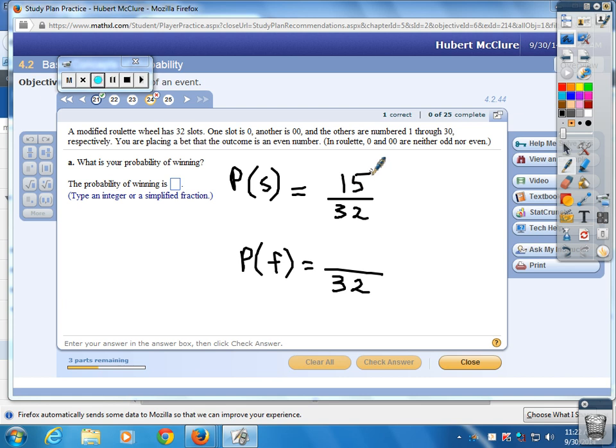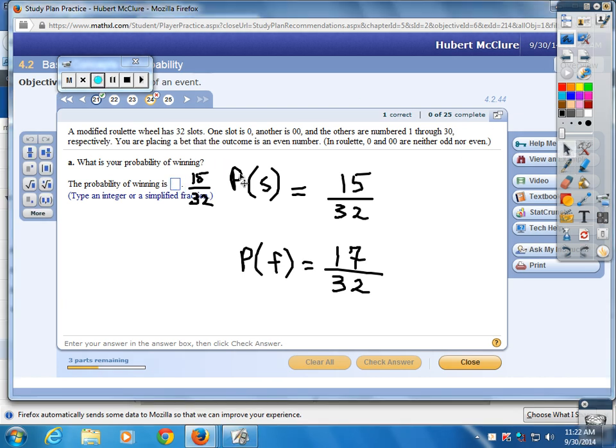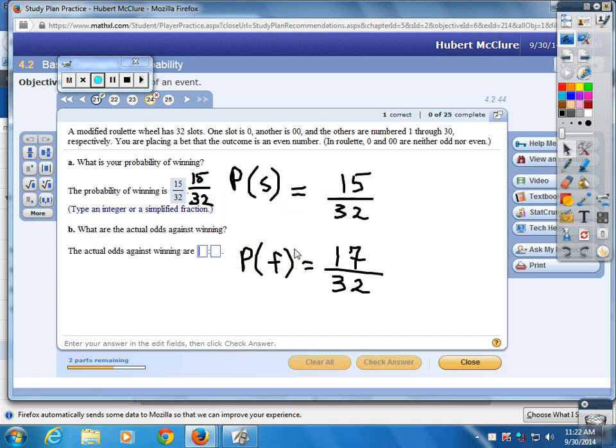And what is the probability of failure if this is success? Good job. I'm so proud of y'all. So your answer here is 15 out of 32. That would be that number right there. So 15 out of 32 is your answer. And you feel good about yourself.